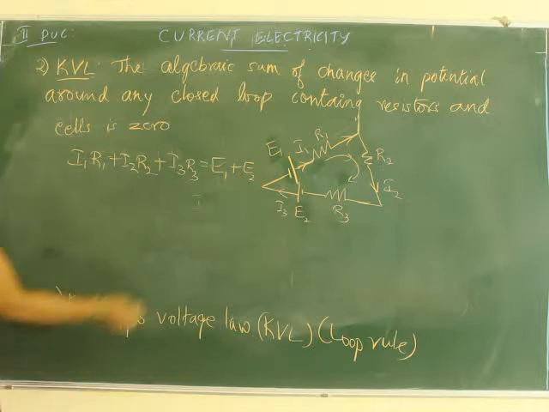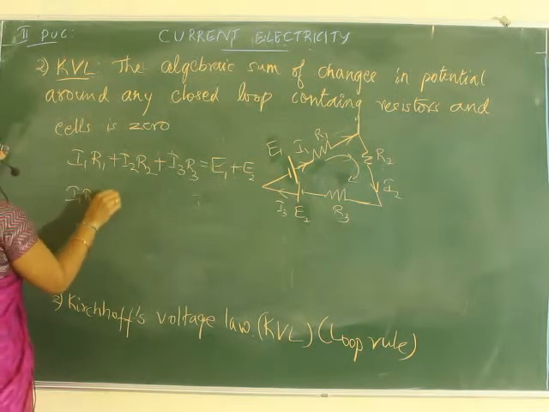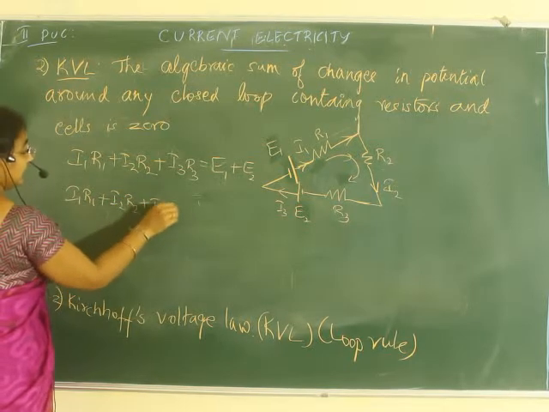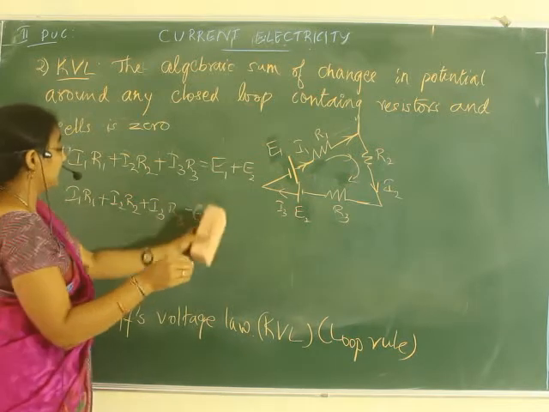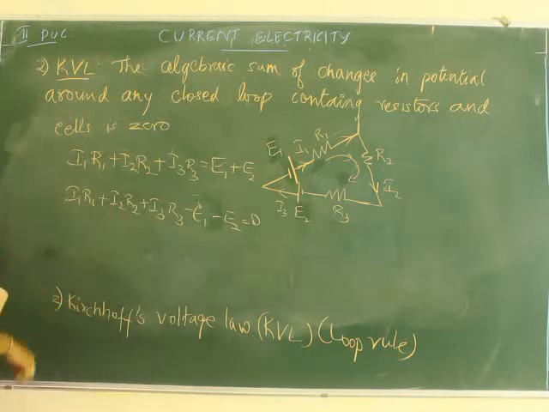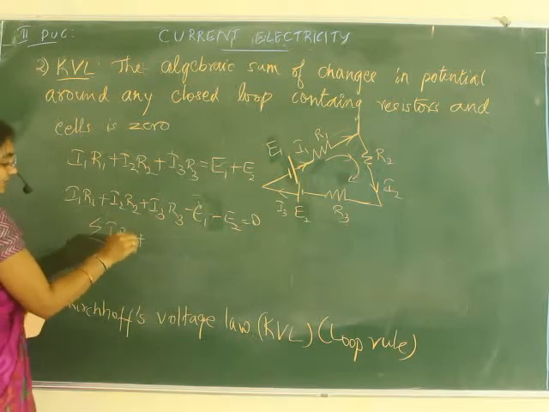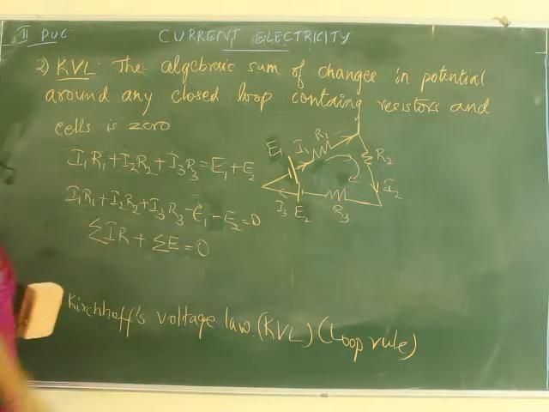Okay. If we take these two to the other side, I1 R1 plus I2 R2 plus I3 R3 minus E1 minus E2 is equal to 0. Or can I write summation IR plus summation E is equal to 0, correct?